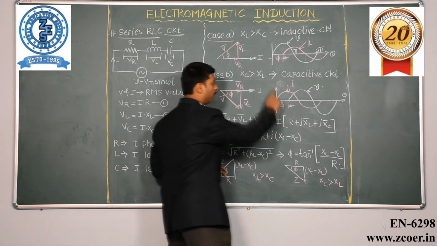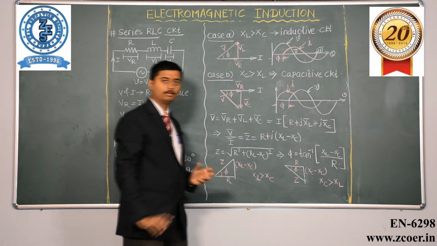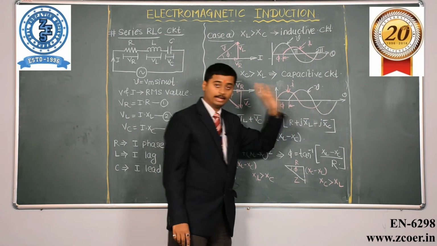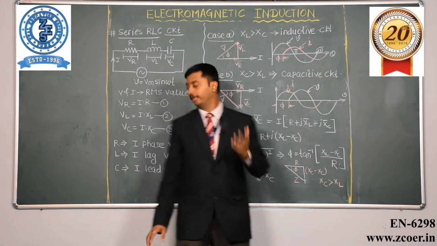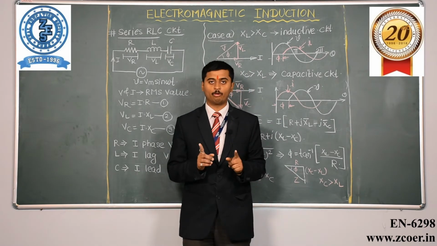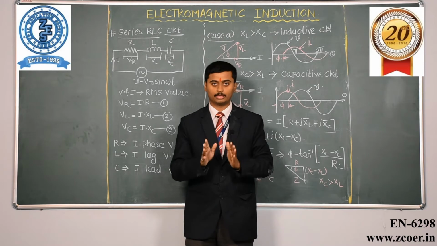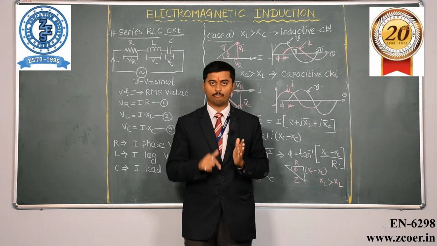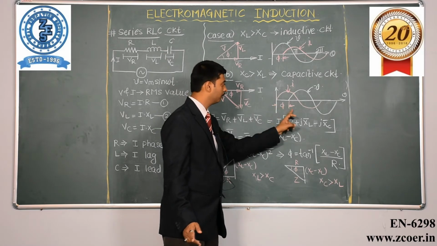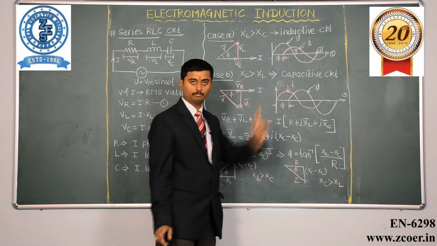In the waveform representation, for simplicity we have drawn the voltage waveform, and as current leads, the current waveform starts first and after a delay of angle phi the voltage waveform starts. So phi is the angle between the voltage and current waveforms.